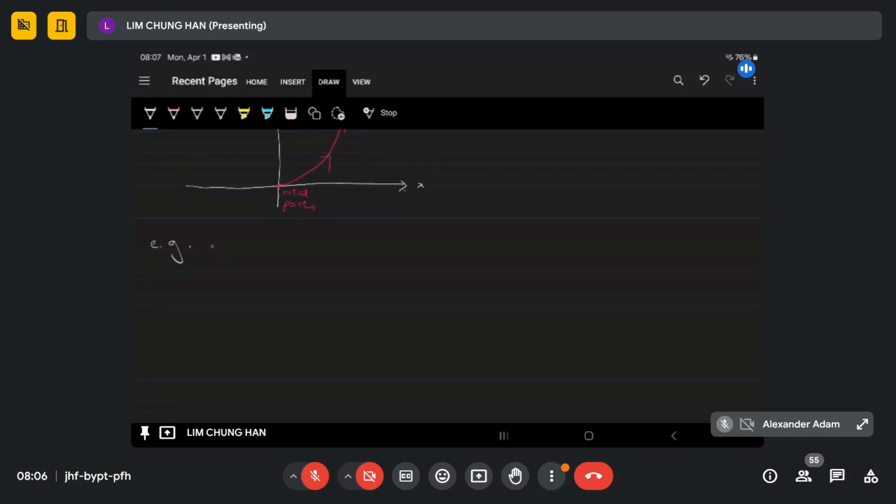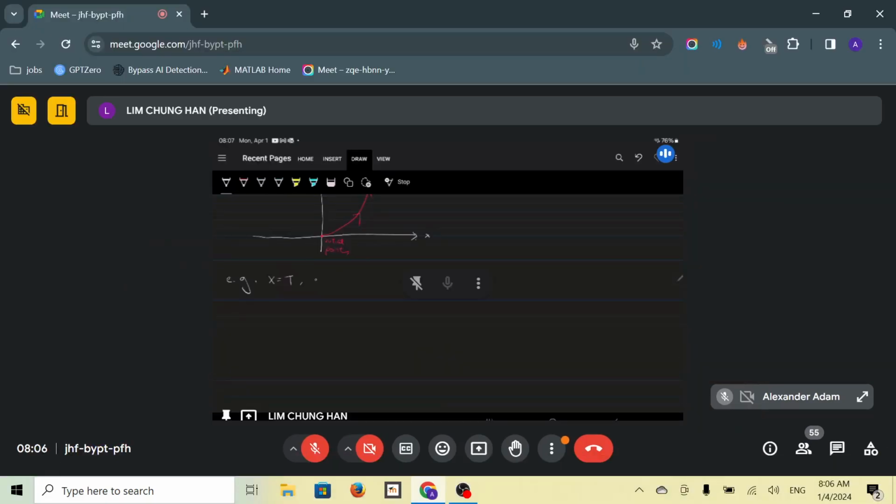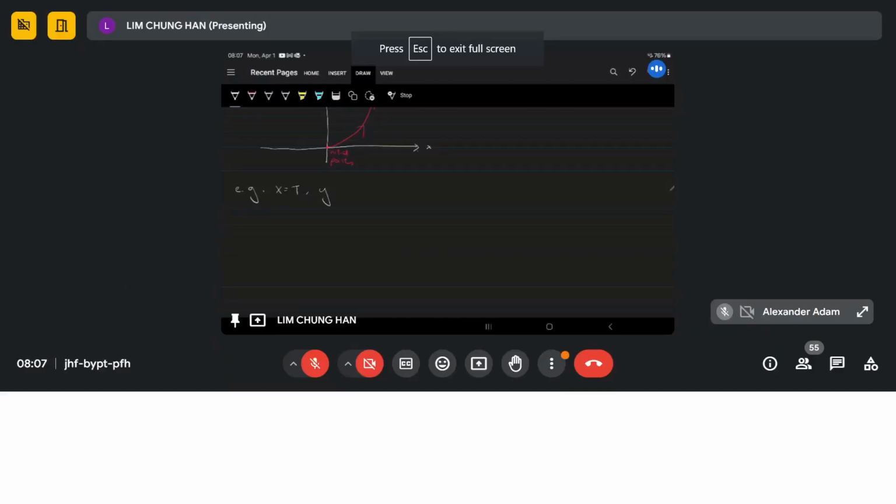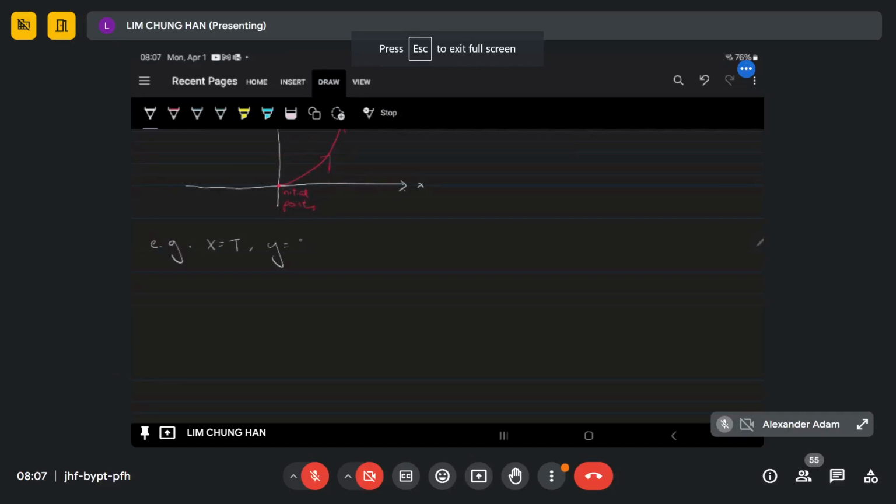So next example. Let's say I give you another two equations. X equals to t. We are going to just very quickly skim through this one. This one's very similar to the previous example, which we stopped at last week. So if x equals to t, y equals to t squared, and the interval is negative infinity to infinity.